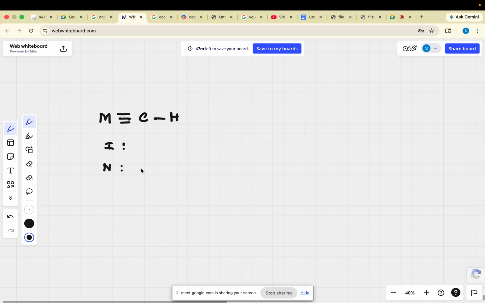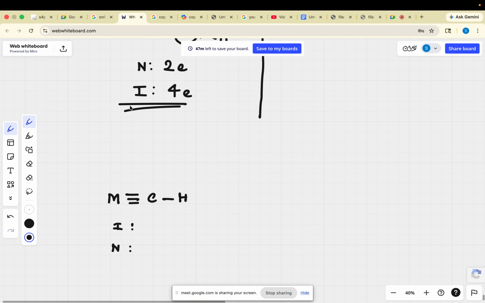So neutral method, how many electrons will carbon get? Three, sir. Three, right?